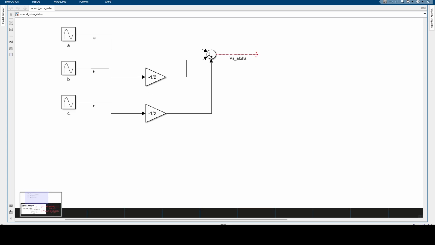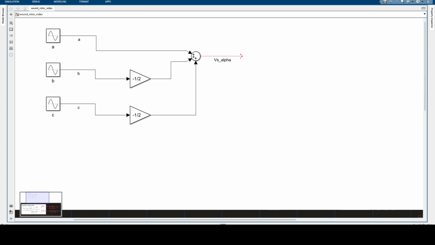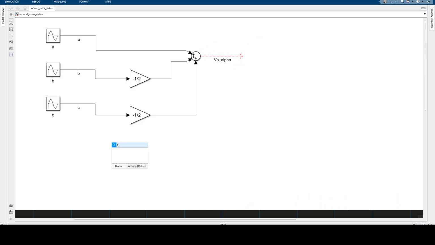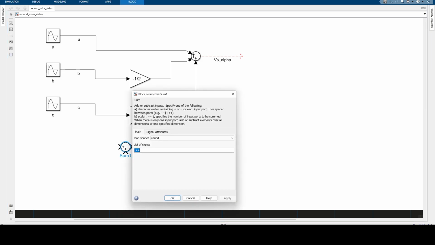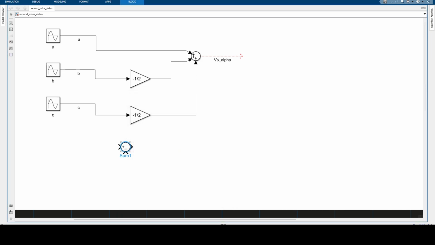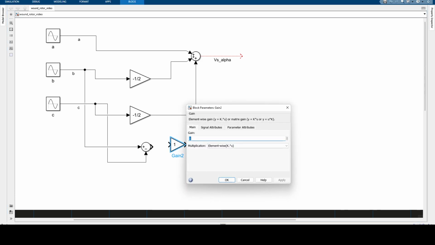Now, our beta component is gonna be our B minus our C, and this multiplied by square root 3 over 2.